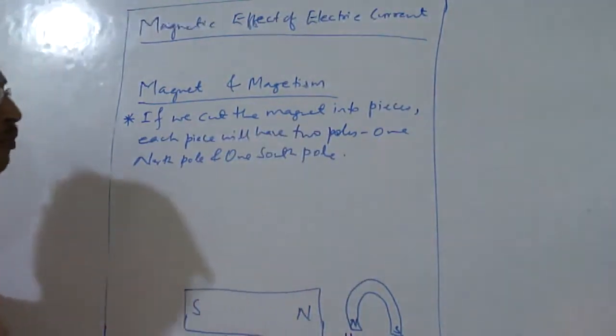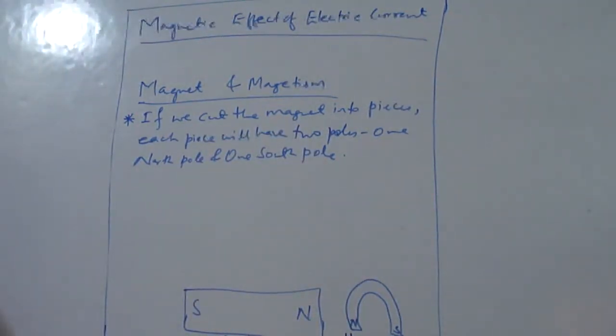So in this way, you can say that poles cannot be separated. So simply only a south pole or only a north pole, that type of magnet we cannot get. Right. So this was about the magnet.